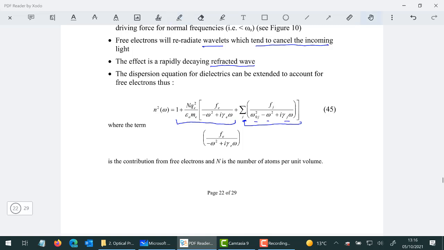And for the free electrons, obviously we have no resonance frequencies, but we have the driving frequency and we also have a damping term. So this extra term here comes from the free electrons. And N at the start here is just the number of atoms per unit volume.